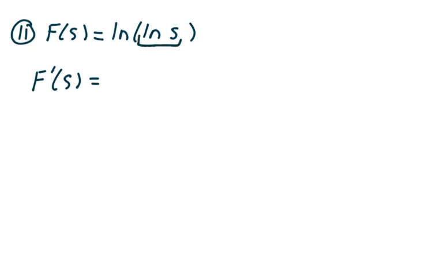Suppose f of s is natural log of s. Okay. And then I want f prime of s. The inside function is natural log of s. Okay. So I'm going to get 1 over natural log of s. And I'm going to take that quantity and multiply by the derivative with respect to s of natural log of s.